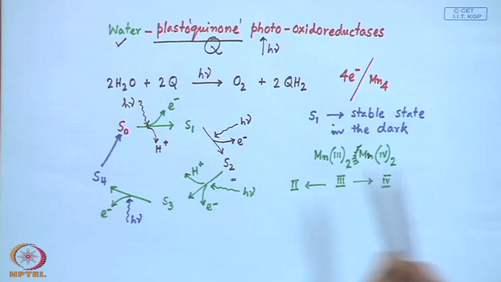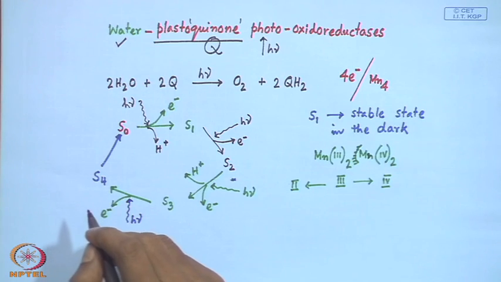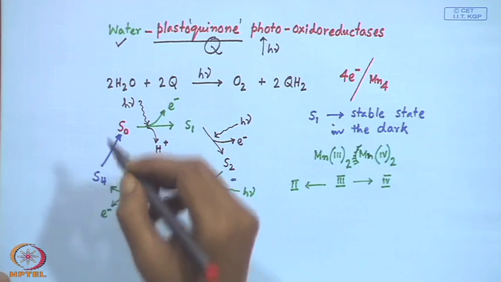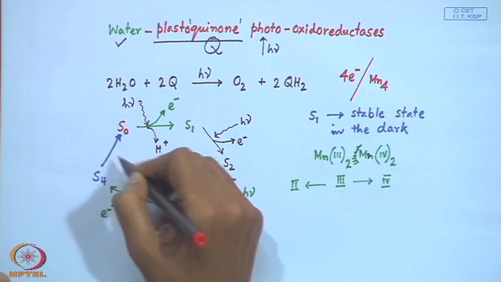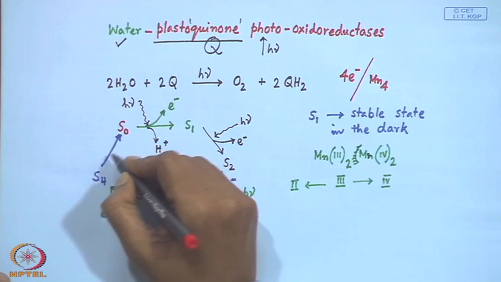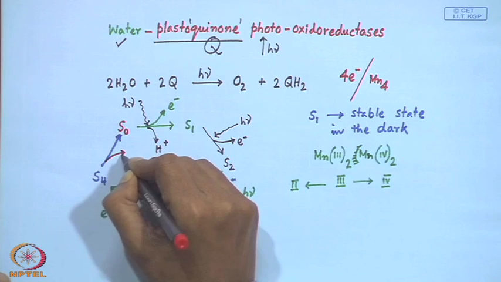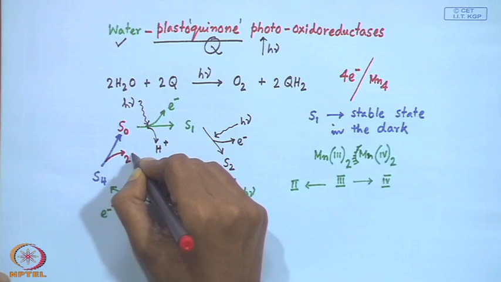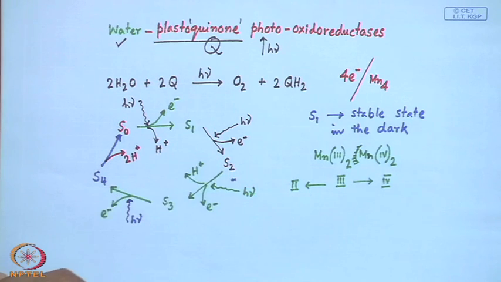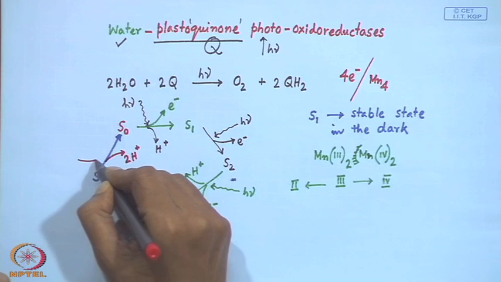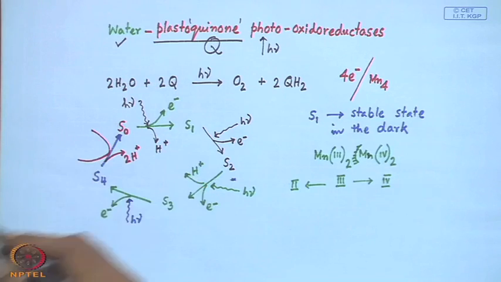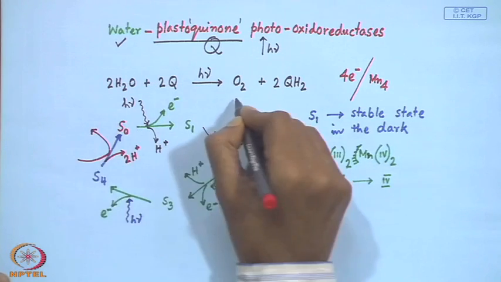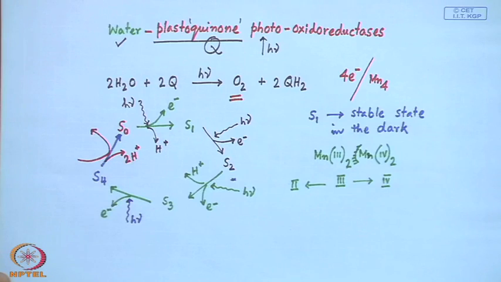This is the simplest possible picture, and in this step when you have this oxidized form, the oxidized form will liberate 2 protons from here, and this is the step where you get your dioxygen.